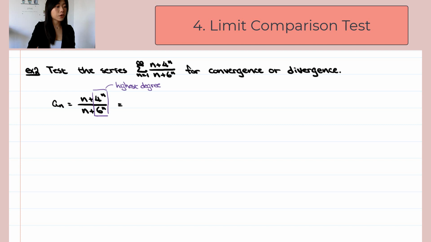For the numerator, I'm going to factor out 4 to the power of n, then times (n divided by 4) to the power of n plus 1. In the denominator, I'm going to factor out 6 to the power of n, then times (n divided by 6) to the power of n plus 1, which equals, the terms that I factor out is (2 divided by 3) to the power of n.